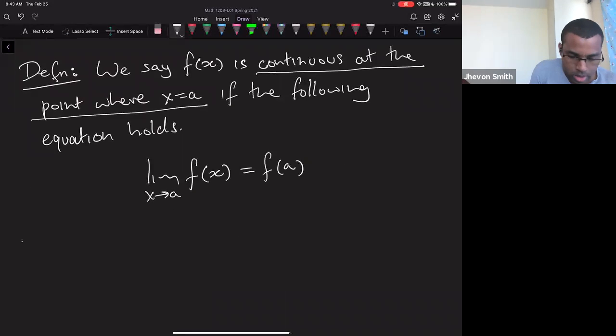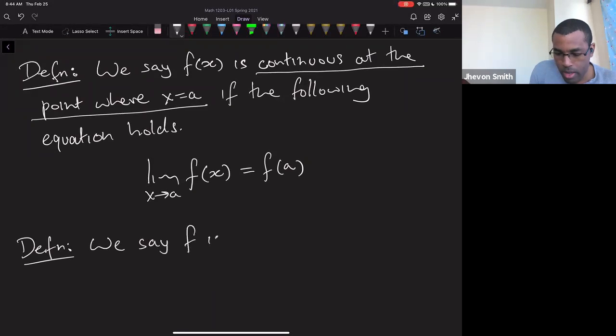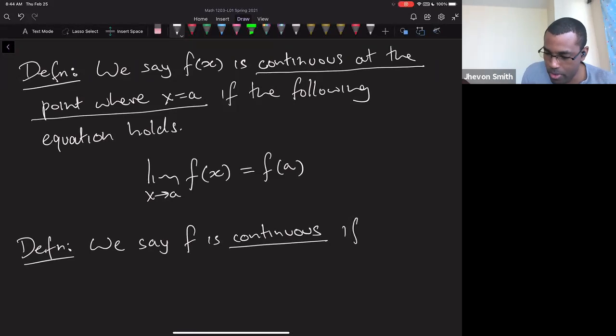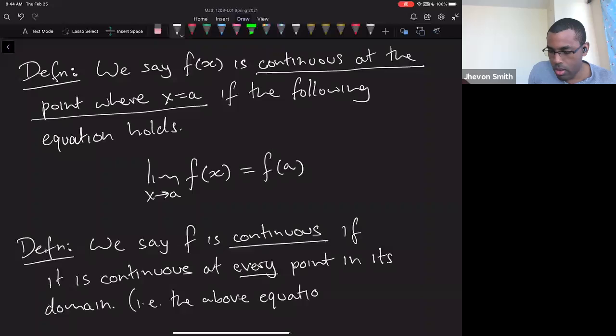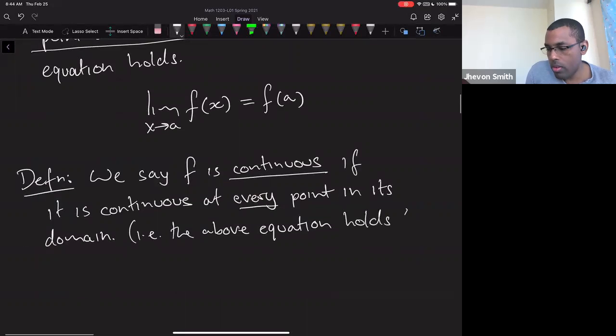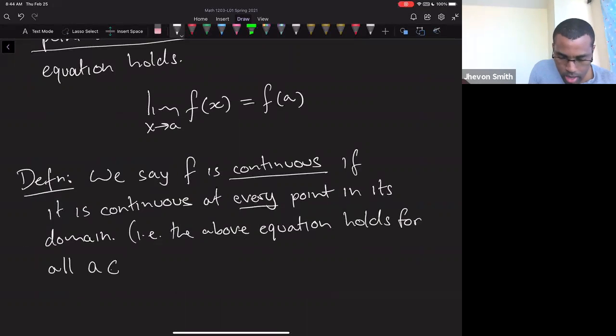Now here's another definition. We say f is continuous, like continuous in general, not just continuous at a point, if it is continuous at every point in its domain, i.e. the above equation holds for all a in the domain of the function.